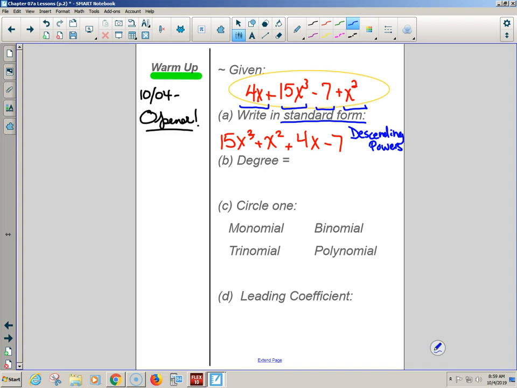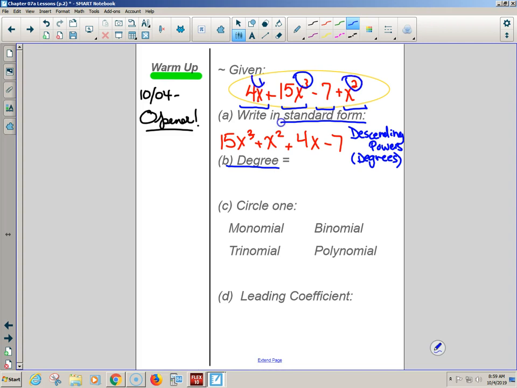Now, we talked about just now the powers of, ready, my blue pen is out again, it's for hints. We talked about the powers or the degrees of each term. So technically, when I say descending powers, what I mean is descending degrees. And we think of the terms separately. So the degree of this guy was 3. The degree of this guy was 2. The degree of this guy, even though it's not shown, it's 1.